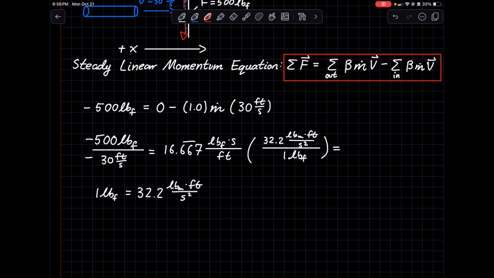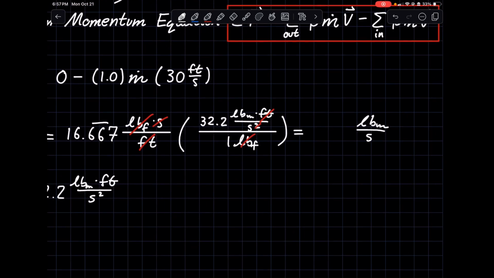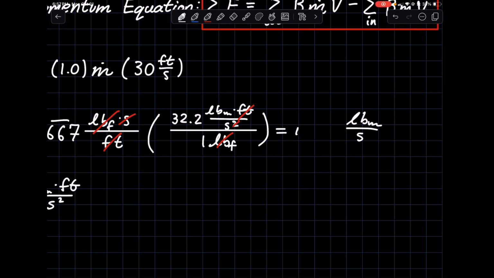So canceling out units, feet cancel. That cancels. And then our pound forces cancel, which will give us pound mass per second. So multiplying 16.667 by 32.2 would give us 536.67.